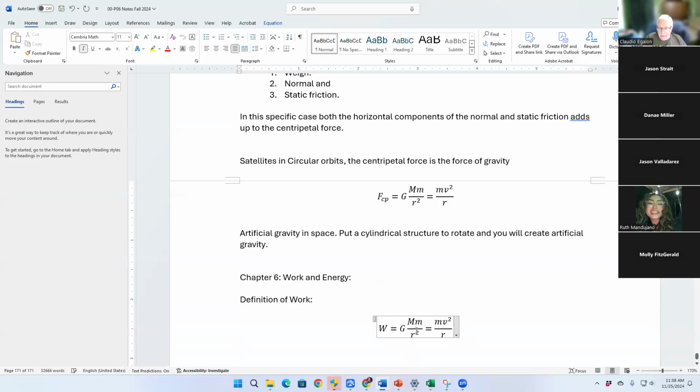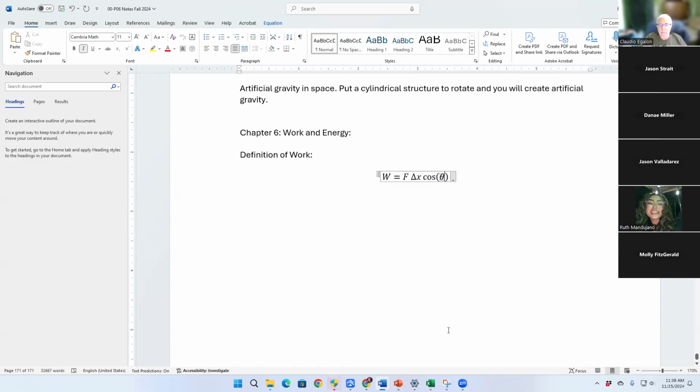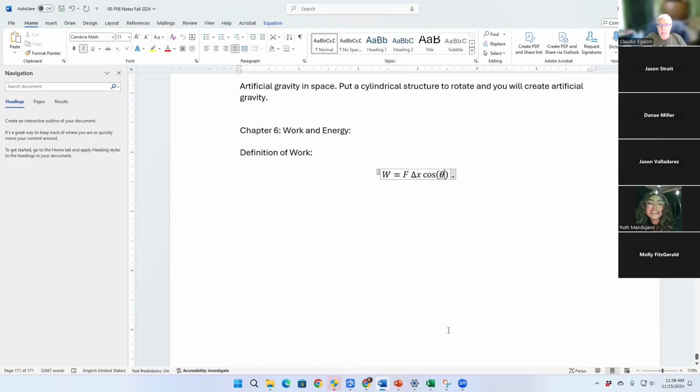Work is going to be F times delta x times cosine of the angle between the displacement vector and the force vector, theta, like that. Okay? Definition of work. And here I'm going to specify that this is the work done by a given force F.